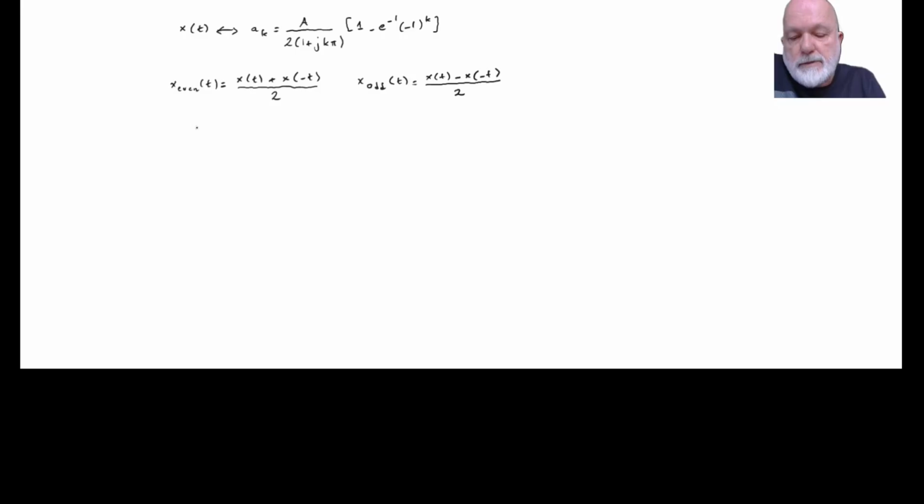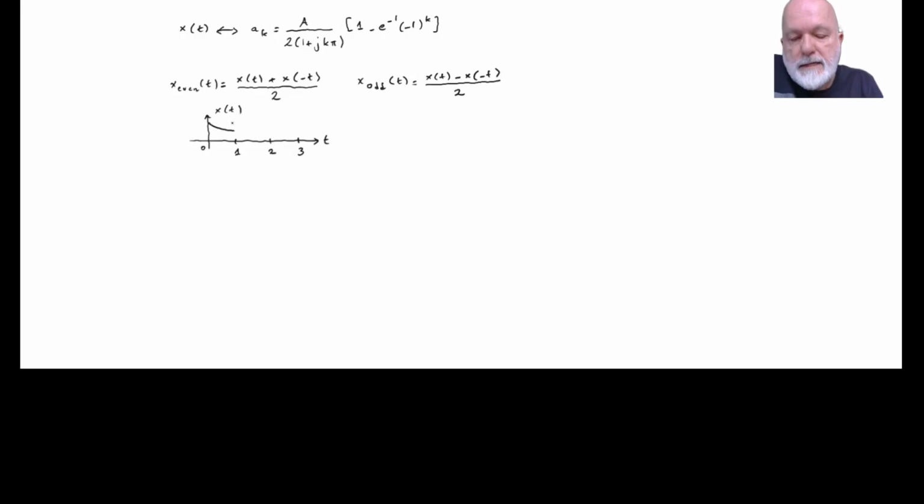Okay, now x of t was, let us discuss this graphically. X of t is, remember, the periodic signal with period 2.